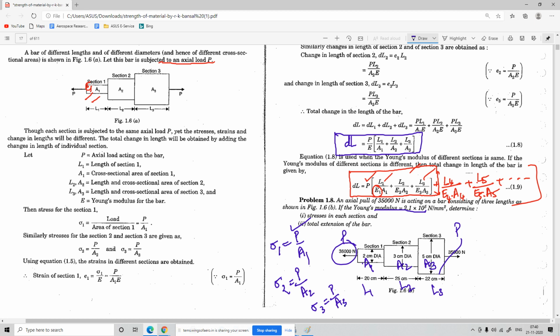Okay. Now you find out the answer and tell me. Solve and tell me. First you tell me what is the total extension of the bar. First you solve, calculate and tell me the answer.